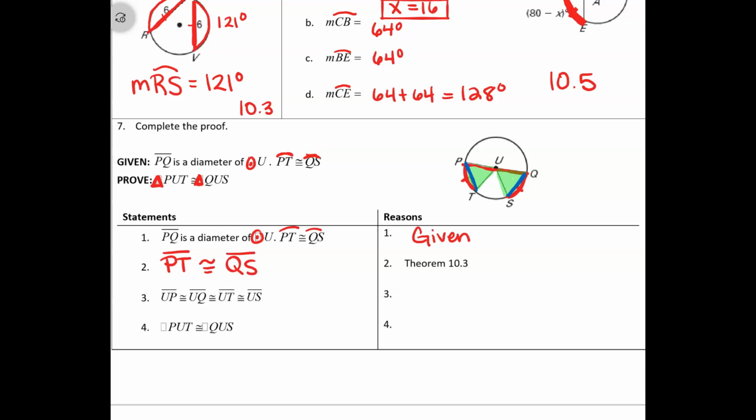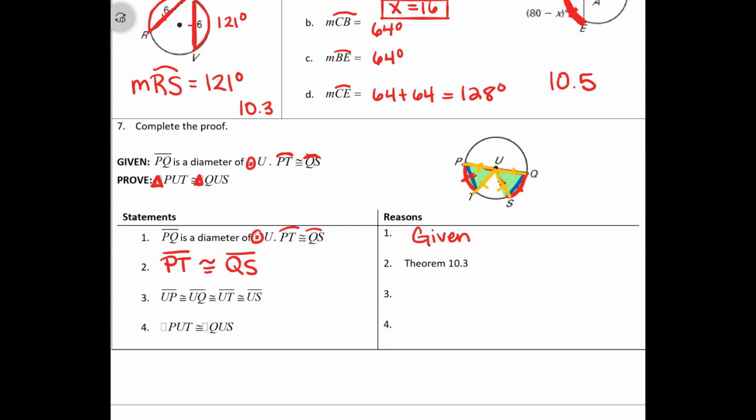Now, we have this congruent here, and now this next statement, there's 4 things it states: UP, UQ, UT, and US. Those all four are congruent. Well, what are they? You've got to look inside the circle.